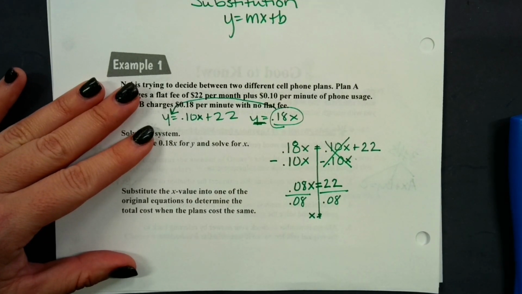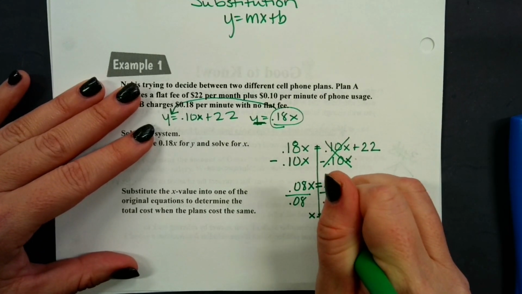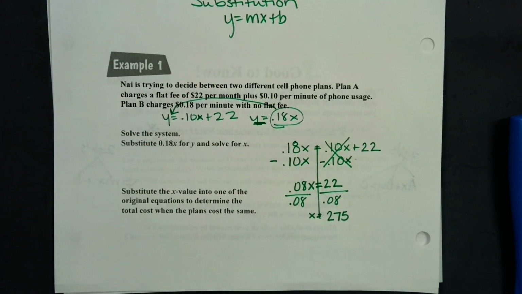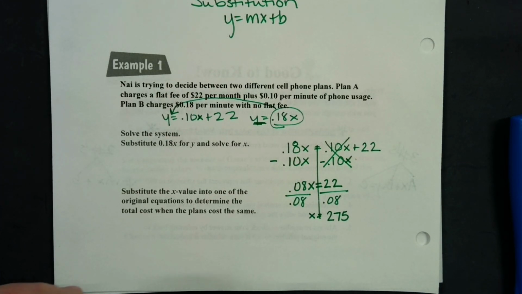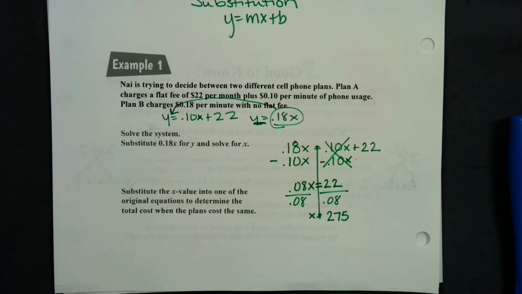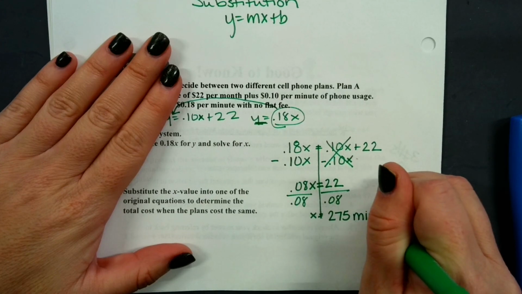And that is not something I know off the top of my head. $275 what? What does X represent? No. What did we say X represents? I wrote it down at the top. What did it say it represented? Minutes. So 275 minutes.